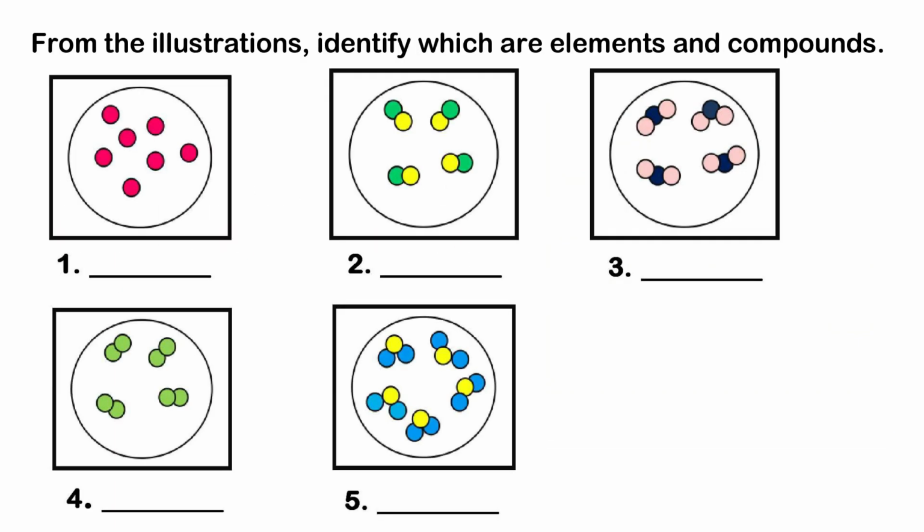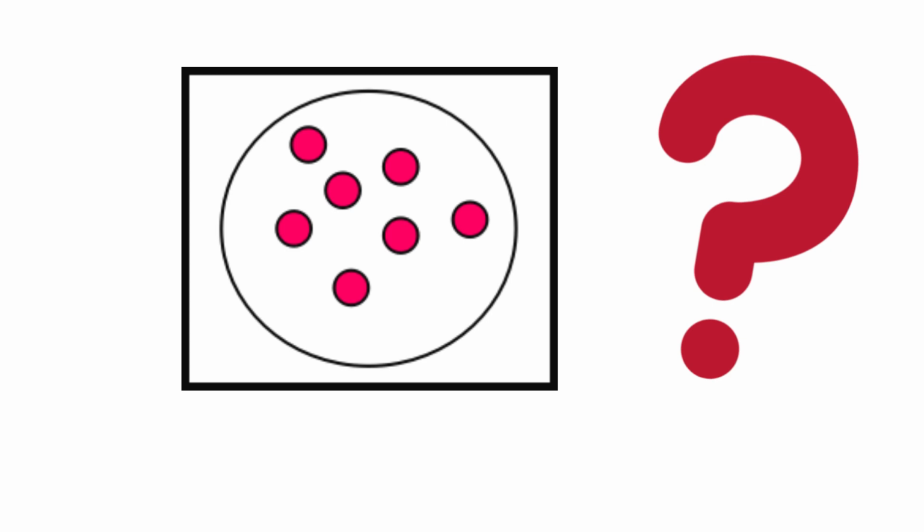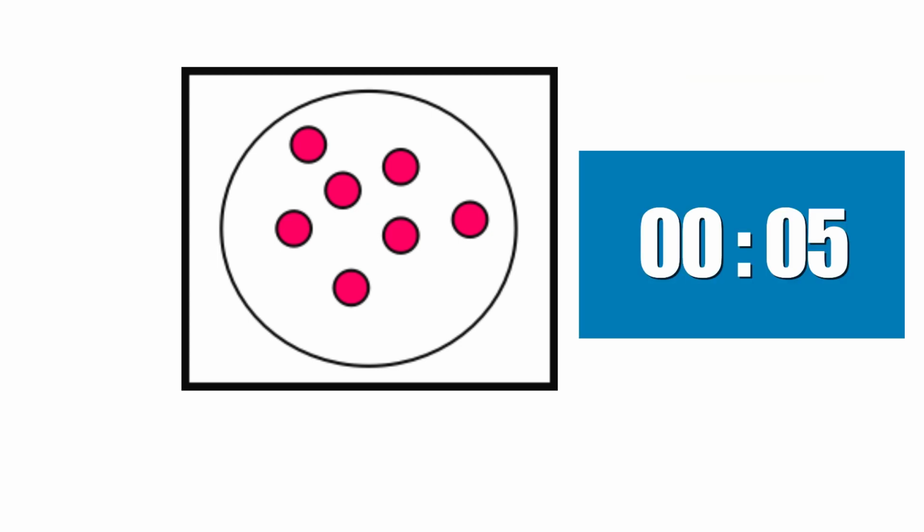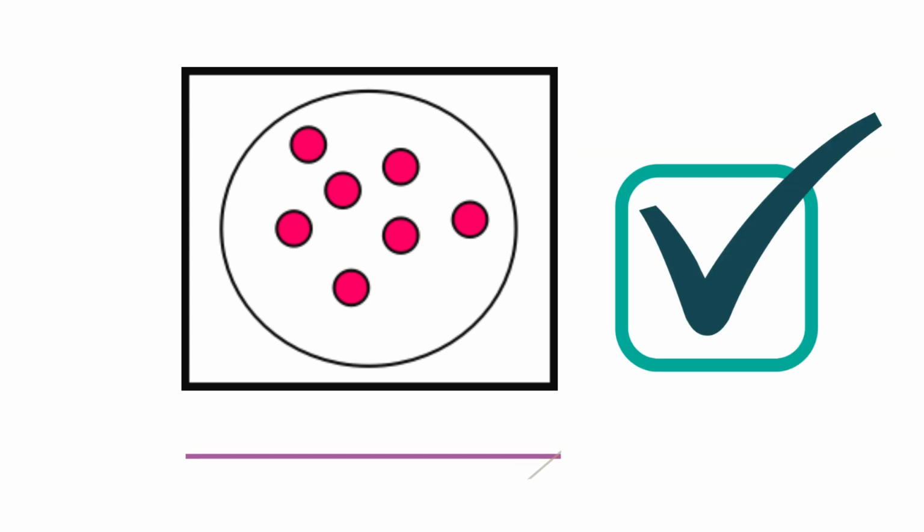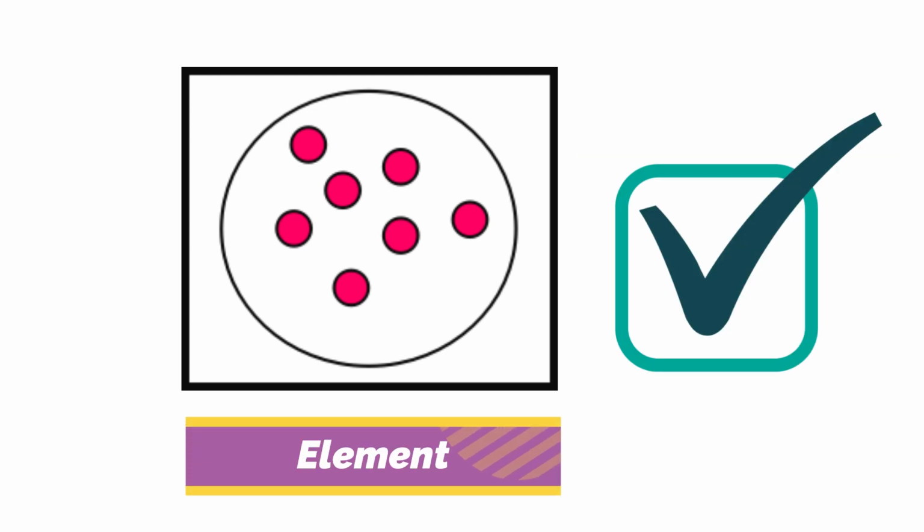In the given illustrations, let us identify which are elements and compounds. For the first illustration, is this an element or a compound? Right, this is an element.